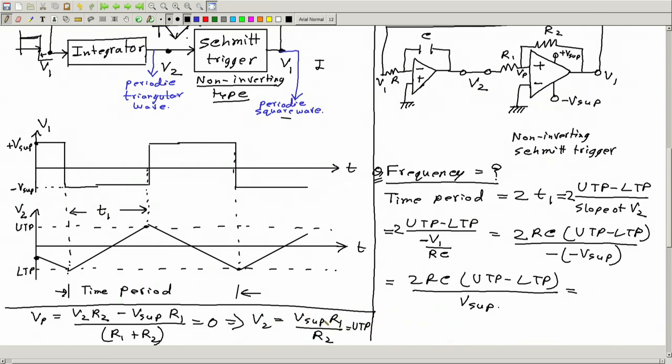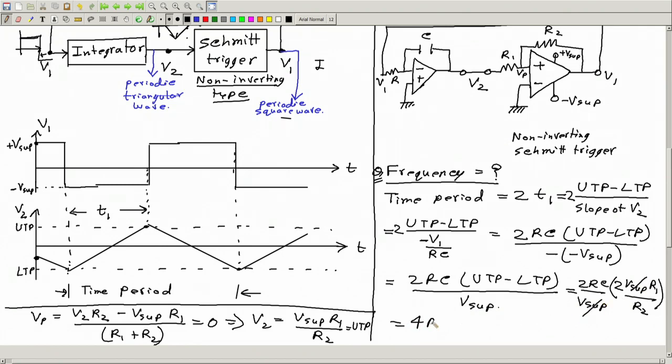Similarly, the lower trigger point will just be the negative of this. So the hysteresis band will be twice of this, twice of V supply R1 by R2, and now this V supply you can cancel.